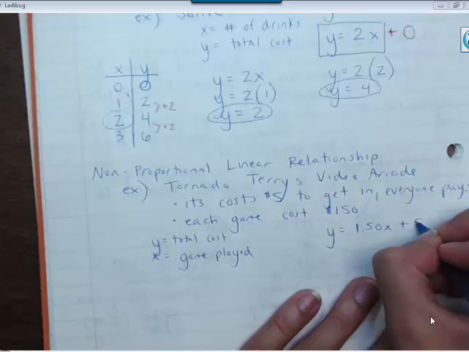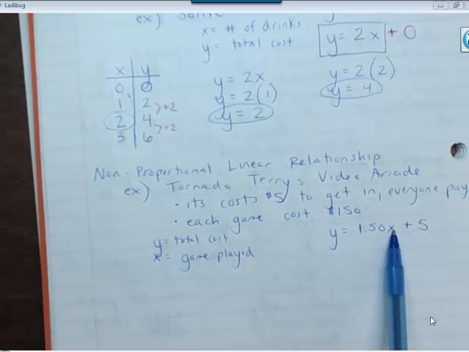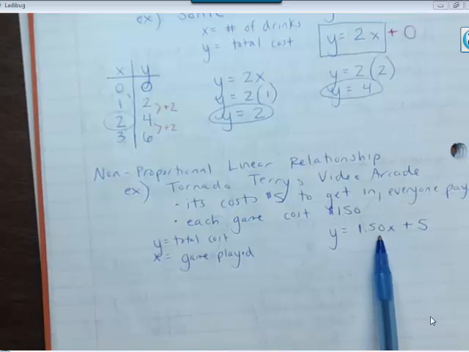So this is my equation. I have to pay the $5 to get in, and then based off of how many games I want to play, I'm going to multiply that by $1.50.